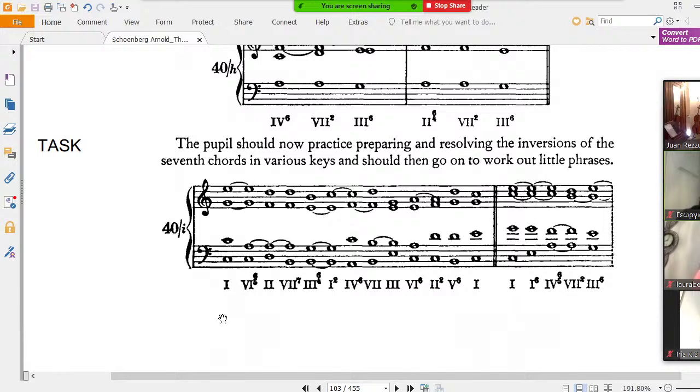A cadential 6/4 we can use as well, because we're using 7th chords or these inversions. So I 6/4 cadential, dominant 7 in root position, and then tonic in root position. And in the middle, whatever you want.